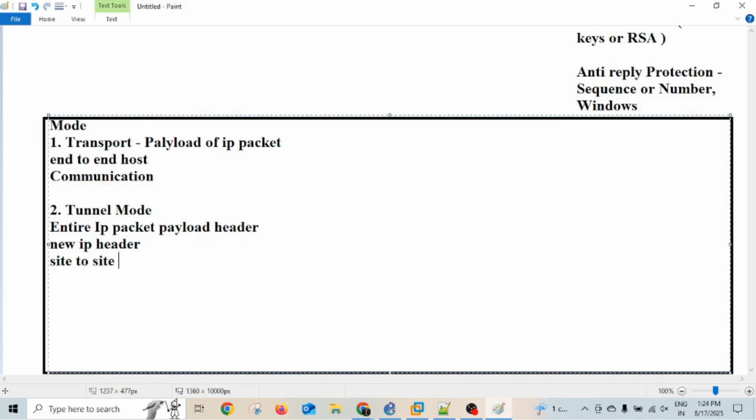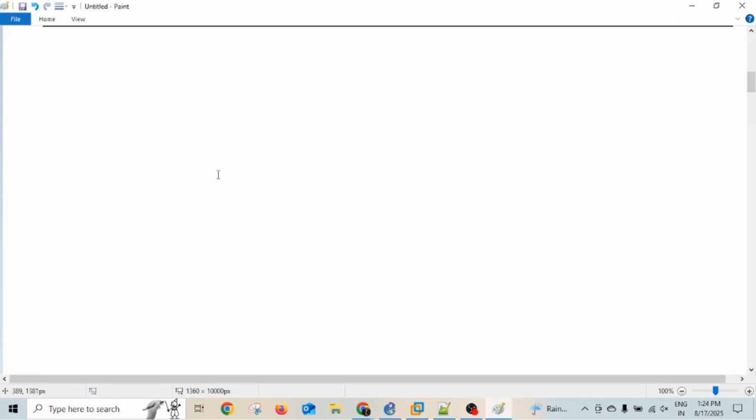It is used for site-to-site VPNs. So these are the transport mode and tunnel mode in IPsec VPN.